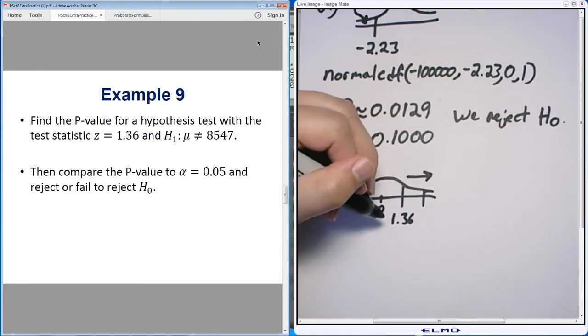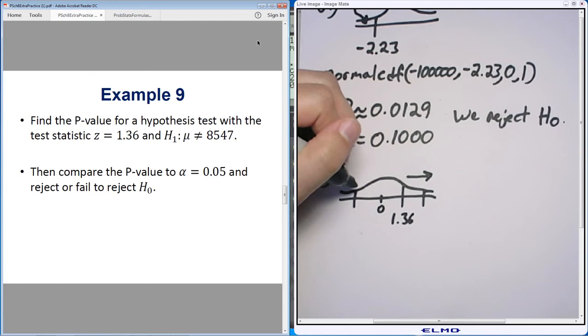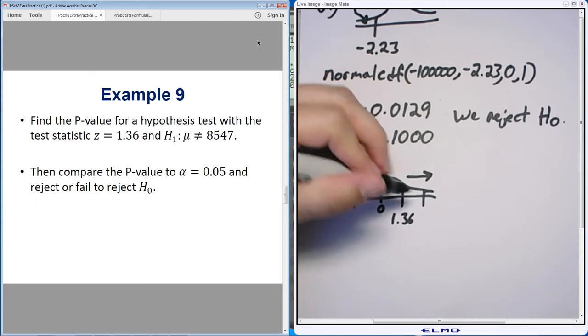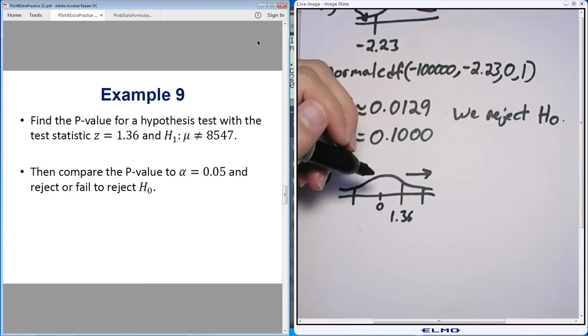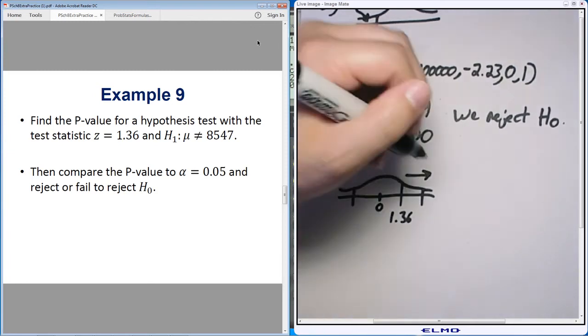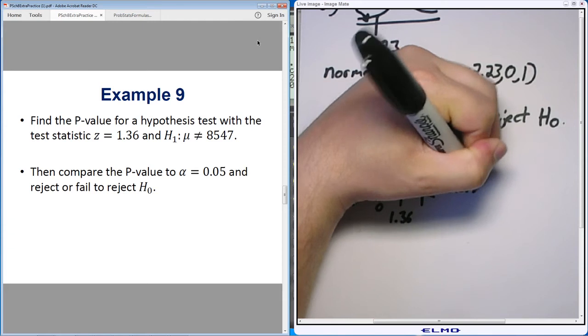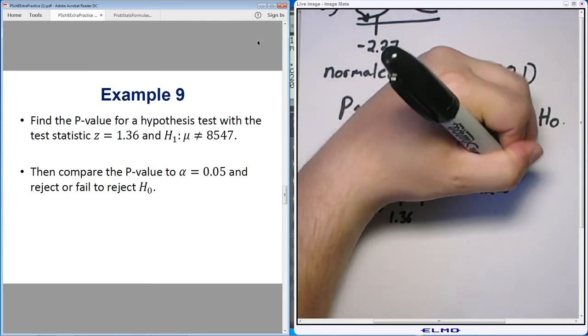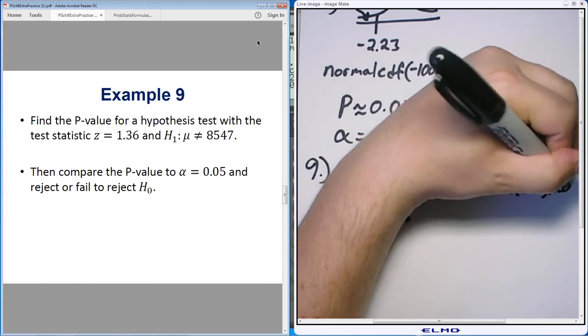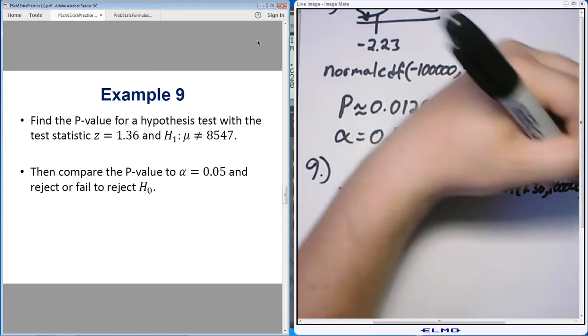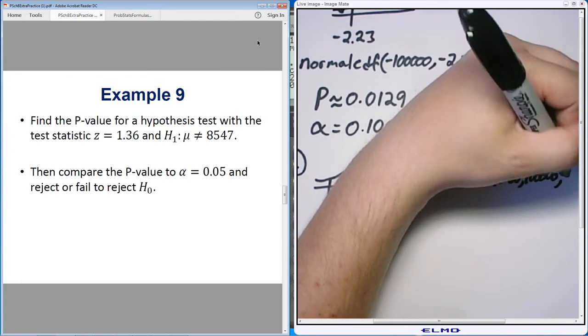If this had been a negative number, we would have found the area to the left. So go to the tail that's closest. In this case, 1.36, go to the right. We'll do that with normal CDF. 1.36, some insanely large number, a 0 and a 1.